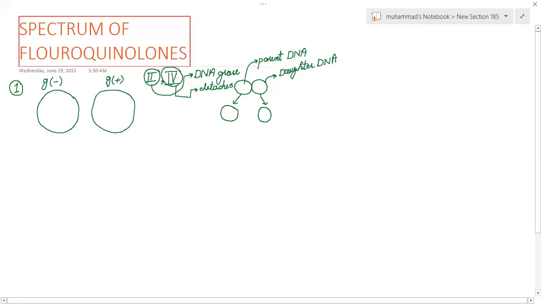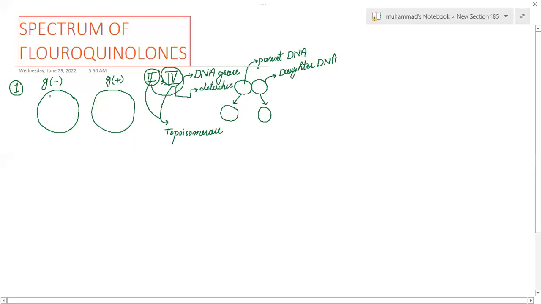Okay, these are the two main functions of topoisomerase 2 and topoisomerase 4 enzymes.